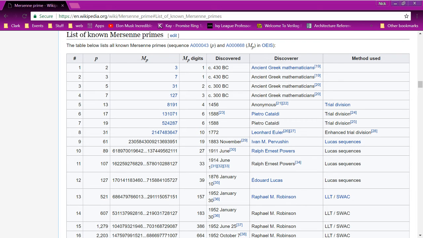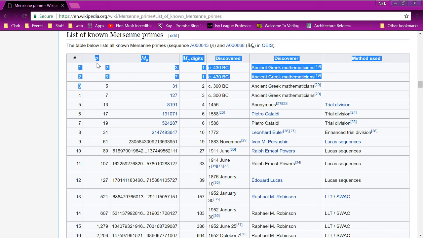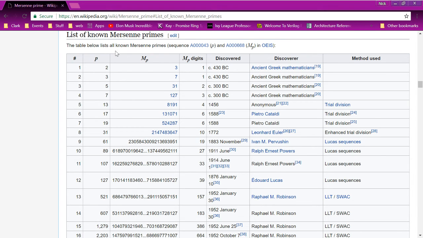So here's all the Mersenne primes that we know about. And there's the corresponding prime number here that you raise 2 to and subtract 1. So those first few were known thousands of years ago. 2 to the 13th was discovered anonymously.